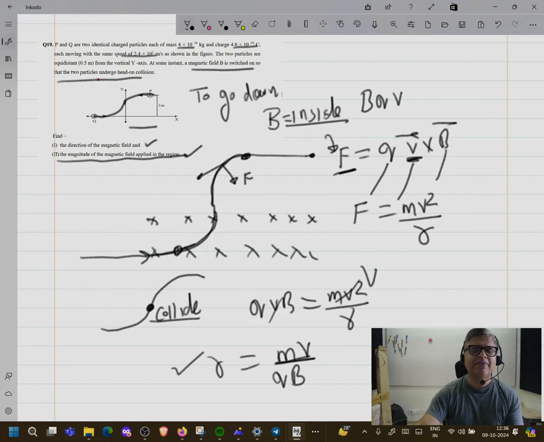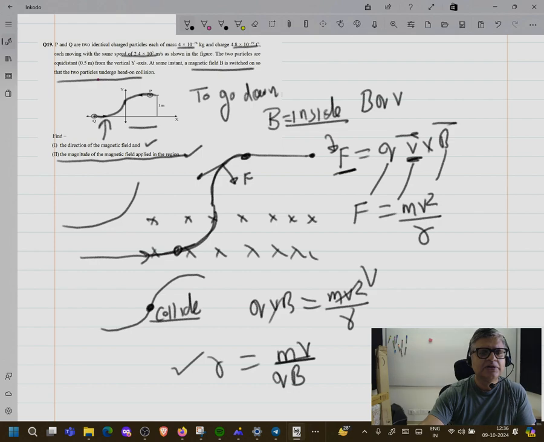But we are worried about what is the magnitude of the magnetic field. We have understood that the radius is equal for both of them and they will collide at a certain point which is symmetrical, right? It cannot be that the lower arc becomes larger than the smaller, so the upper is smaller.